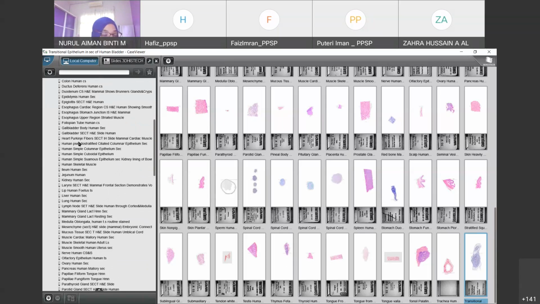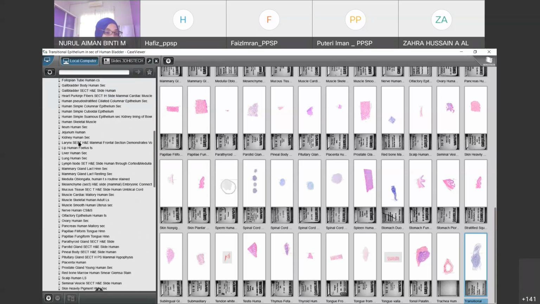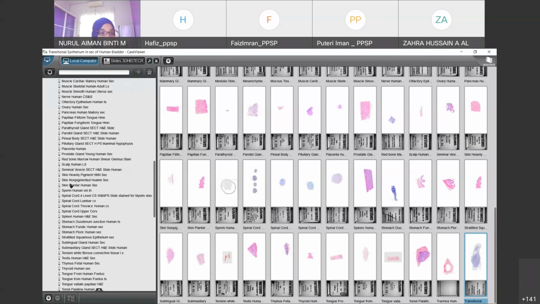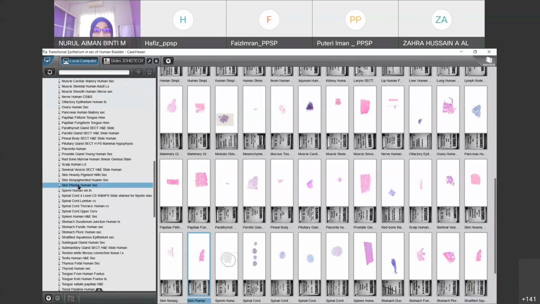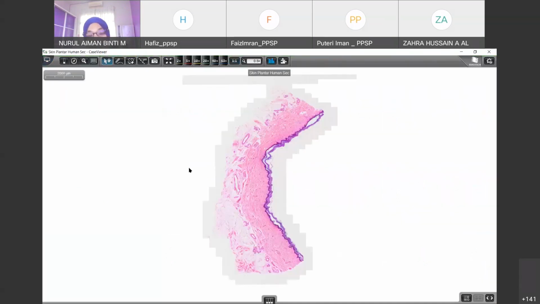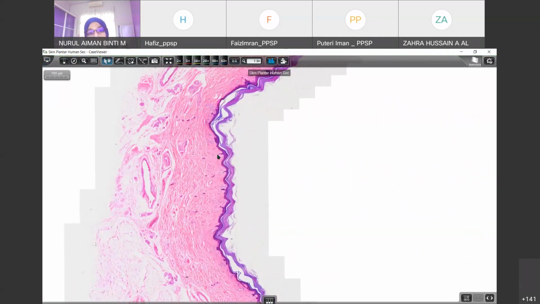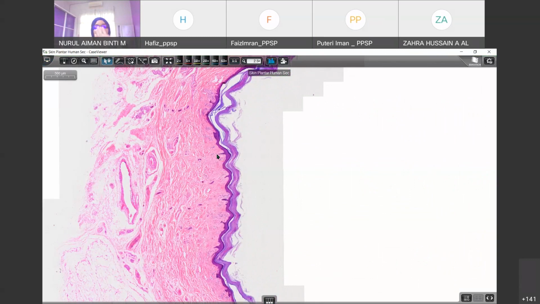Skin is stratified squamous keratinized. This is the plantar skin, the skin on your palm. The skin on this part is very soft, but this one is quite hard.